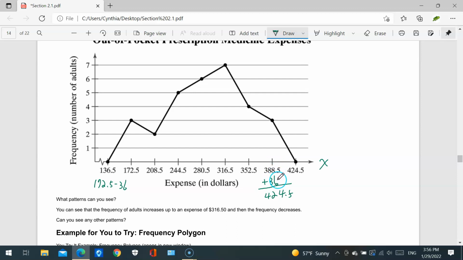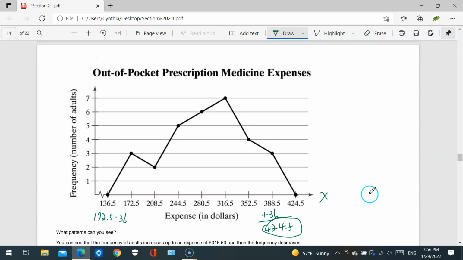When we add 36, we get 424.5. So this number becomes the last point on the polygon. And these 2 points always intersect with the x-axis. So this is a polygon.